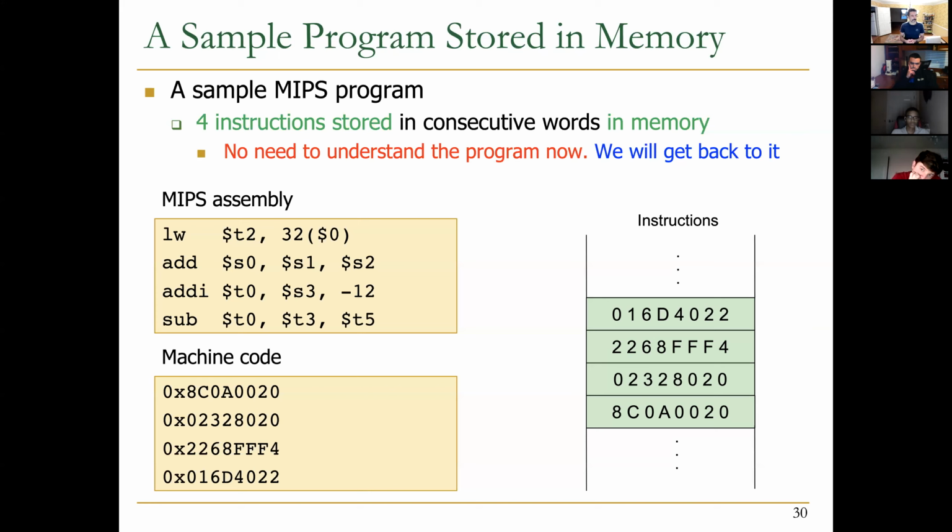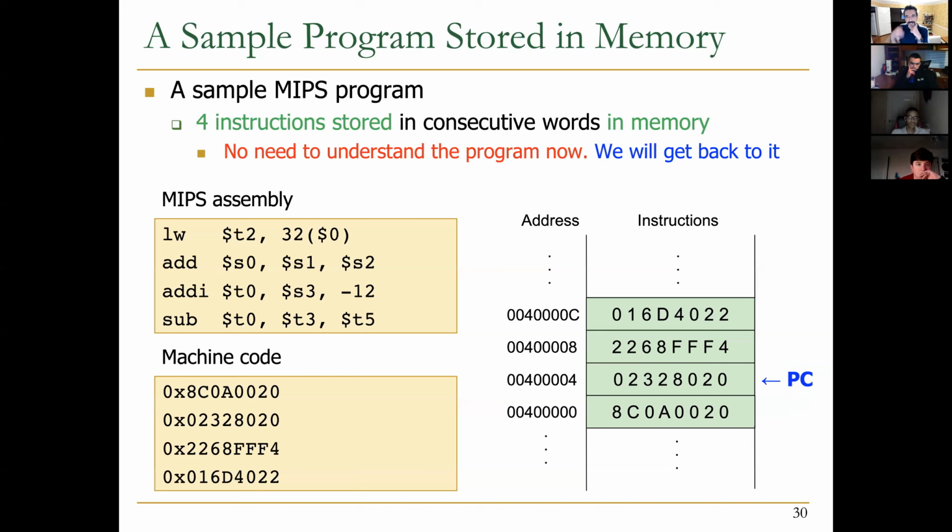And we also discussed how we can execute a program sequentially. We have a program counter which starts at a particular location in the memory, so it starts with a particular address.